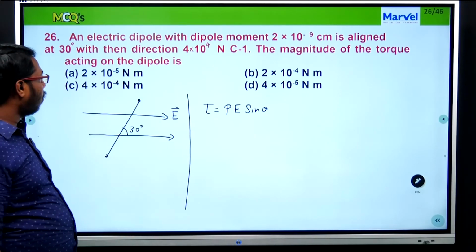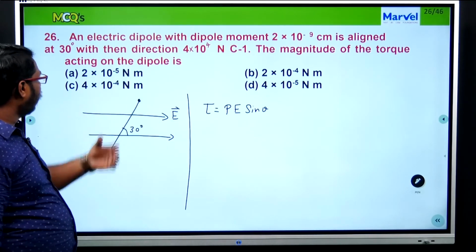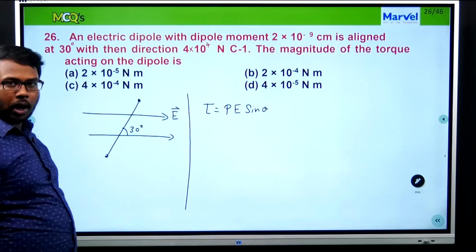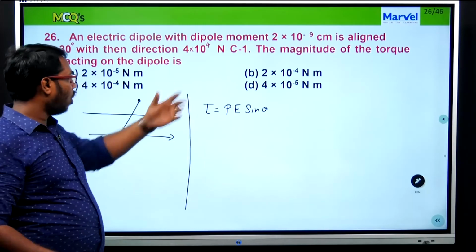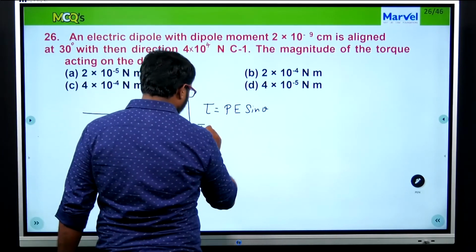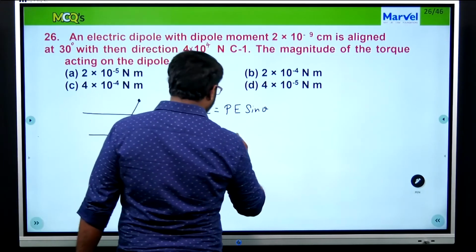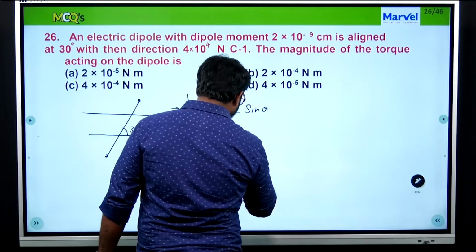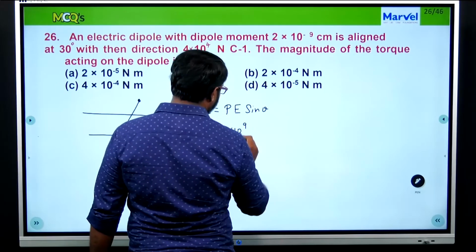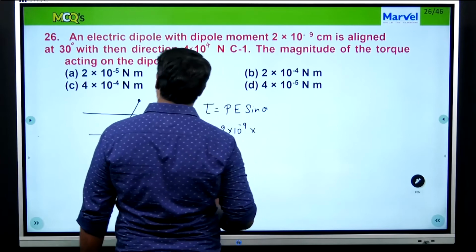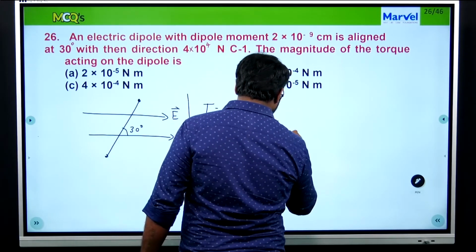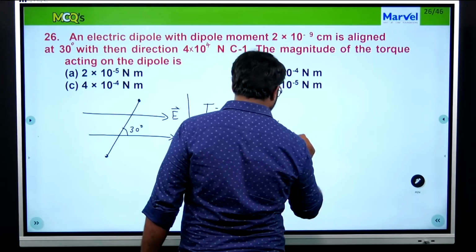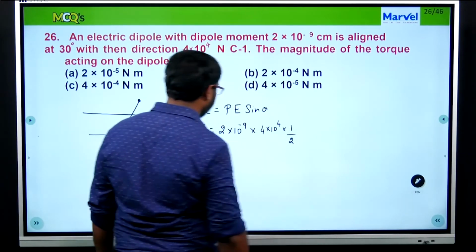The dipole moment is given to us, and the electric field is also given with the angle. All we have to do is plug in everything and see what we get. So tau is equal to 2 into 10 power minus 9, into the electric field 4 into 10 power plus 4, into sin 30, which is nothing but 1 by 2.